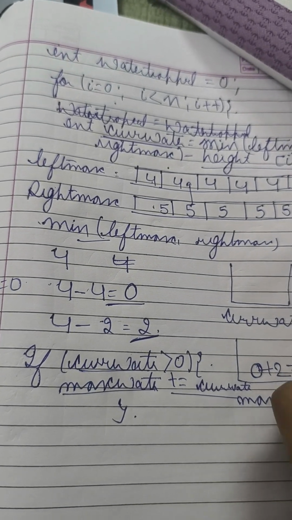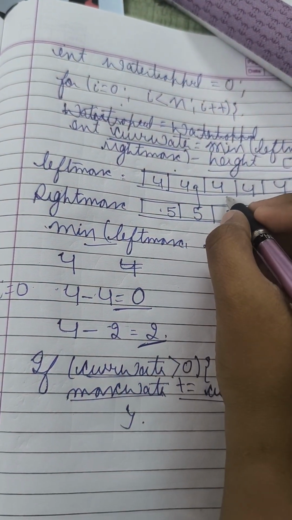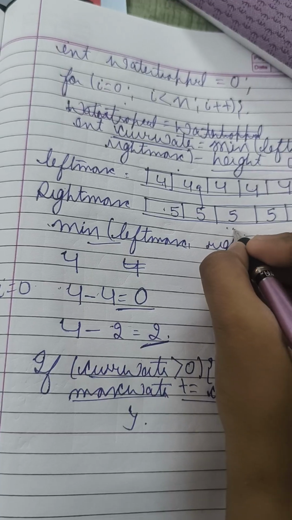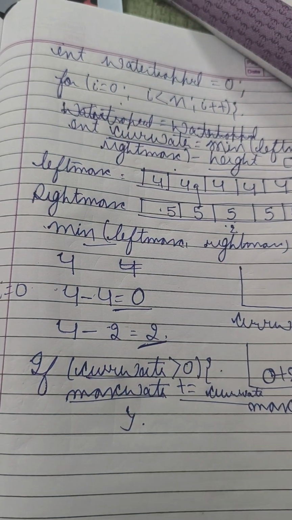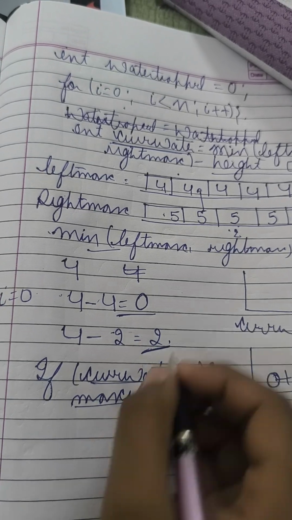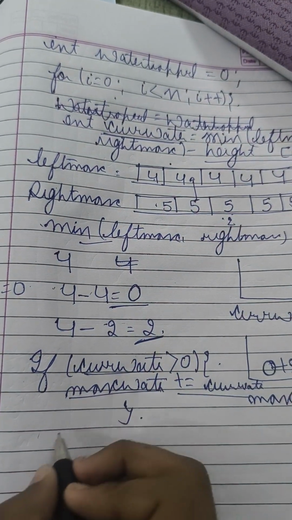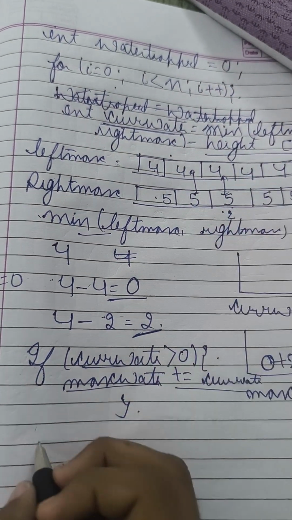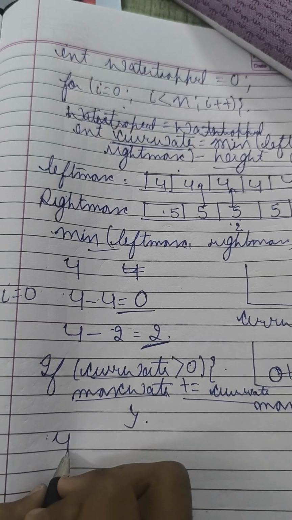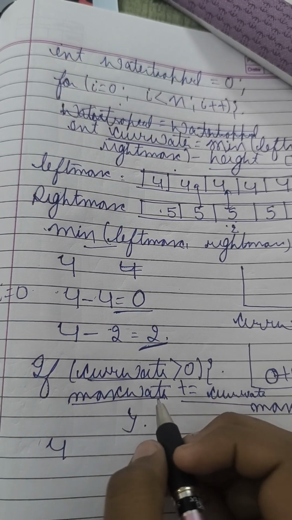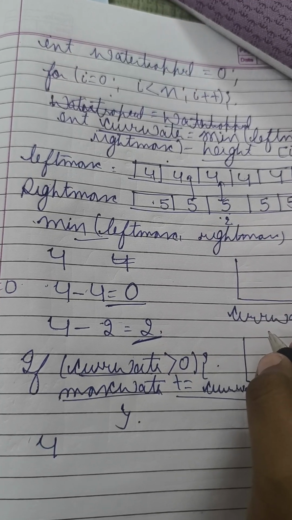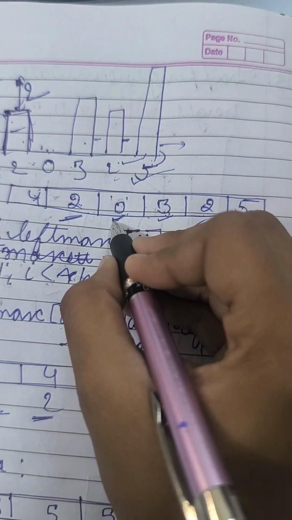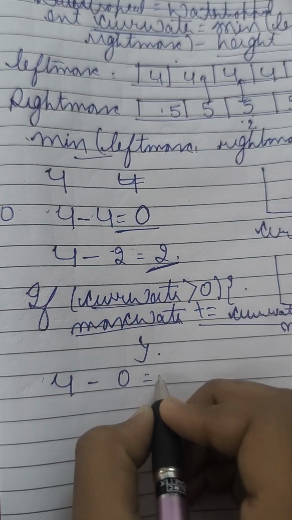Now moving towards the next element, the loop will move to I equals 2. Again it's going to be the minimum of left max and right max, which for the second element is 4. For current water, the minimum of left max and right max minus height of I. For the second element, height of I is 0. So 4 minus 0 will give 4.